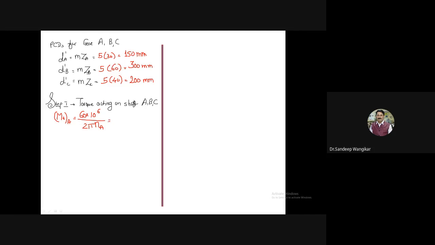So substitute values here. I will say 60 into 10 raised to 6. Here kilowatt is remaining. So 60 into 10 raised to 6 into 3.5, the power to be transmitted is given, divided by 2 pi into NA, which is given as 700. So now MTA, you will get the answer in Newton millimeters. Tell me the answer.